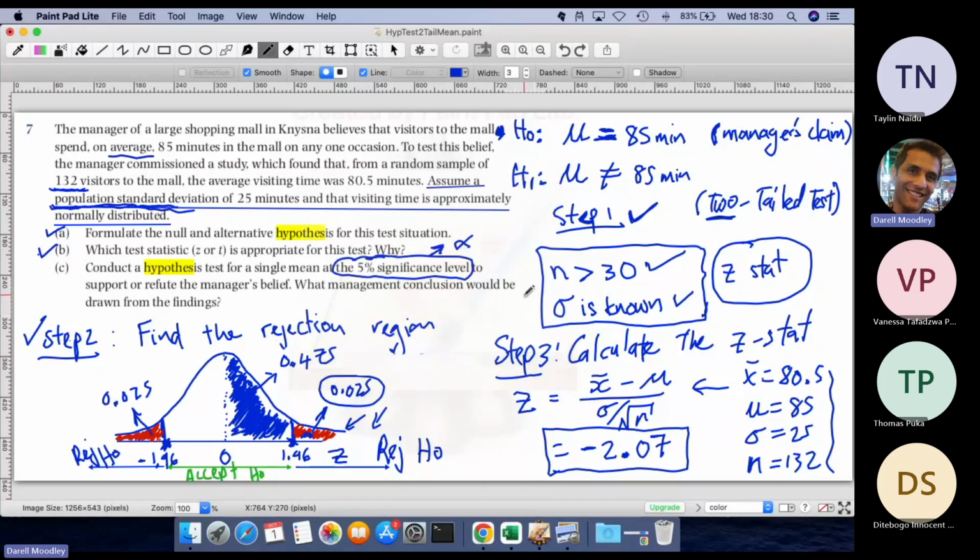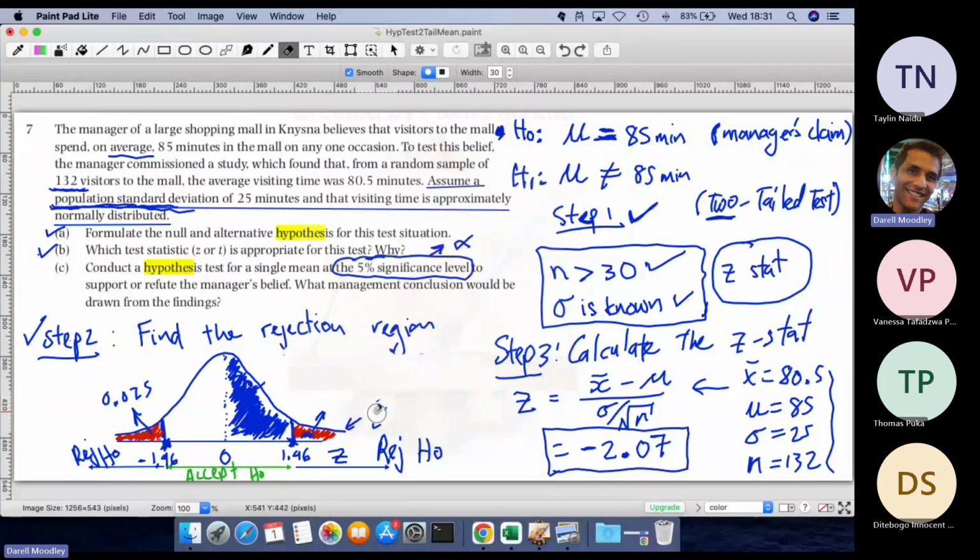All you need to do is look at what you've calculated and compare it to the rejection regions. The value you've calculated is minus 2.07. So all you need to do is look at what you've drawn here. I'm going to erase some things here to make it less cluttered.